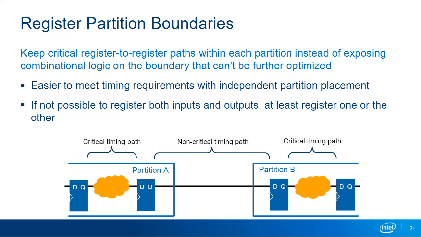Registering all partition I/O is very important in the bottom-up, team-based flow because partitions are compiled at different times, potentially without any knowledge of the other partitions. In a top-down flow, this still may need to be managed. If you cannot register both inputs and outputs, you should at least register one or the other. Most choose to register outputs, as this is considered a good design practice, but this is up to you.